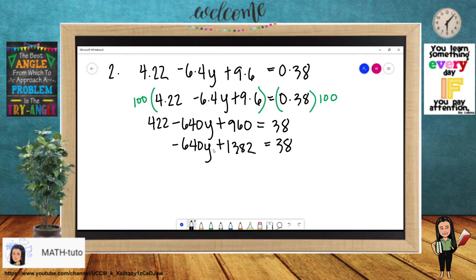Okay? So, in this case, we want to eliminate 1,382 from this side and move it to the other side. We can do that by applying addition property of equality. Okay, so we add negative 1,382 or subtract 1,382 to both sides of the equation.